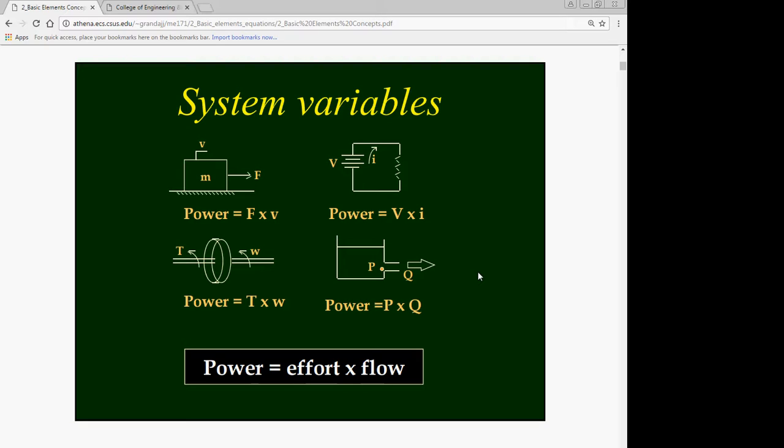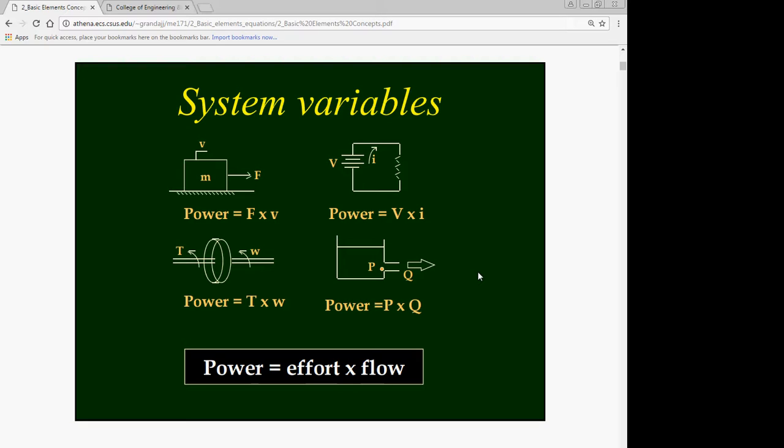In the case of the mechanical system at the top left, you have the force and the velocity. On the electrical system, you have the voltage and the current. On the rotational system, you have the torque and the angular velocity. And on the hydraulic system, you have the pressure and the volume flow rate.